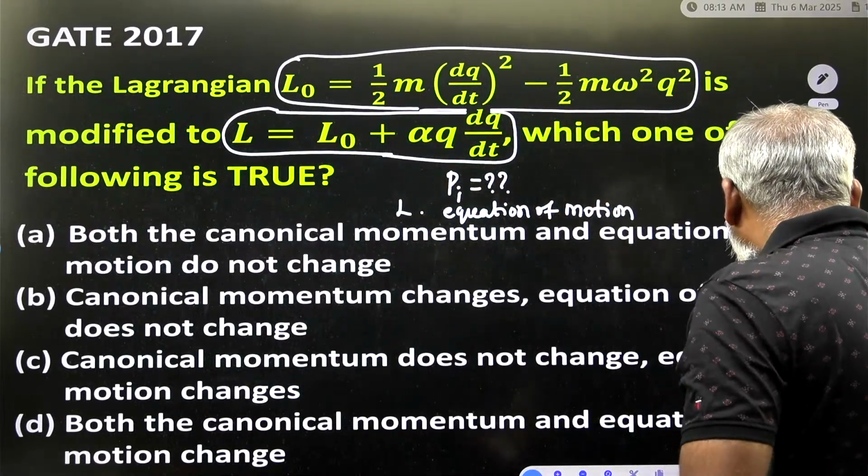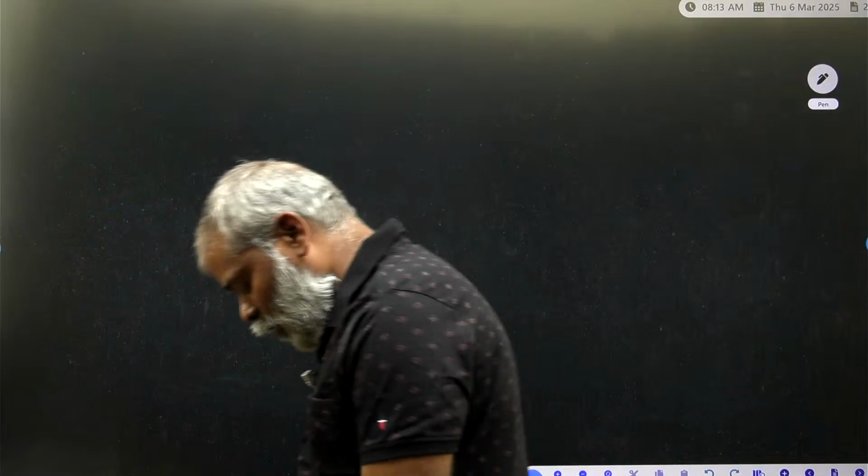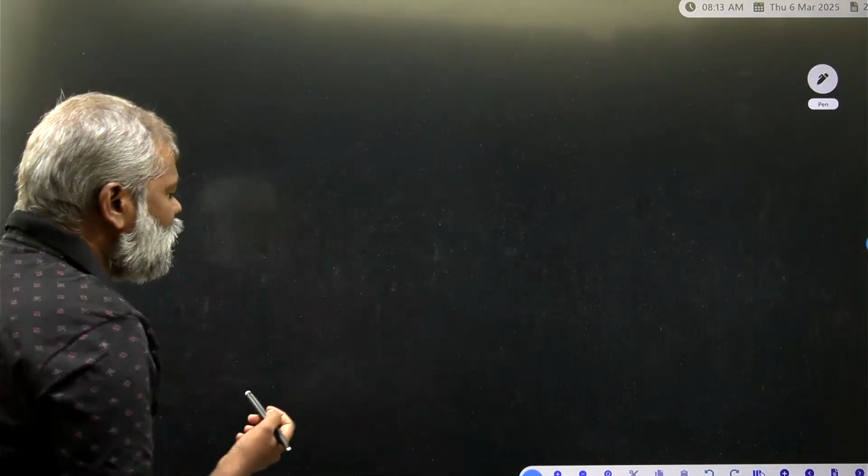First we have to solve how to find the canonical momentum. What is our function?